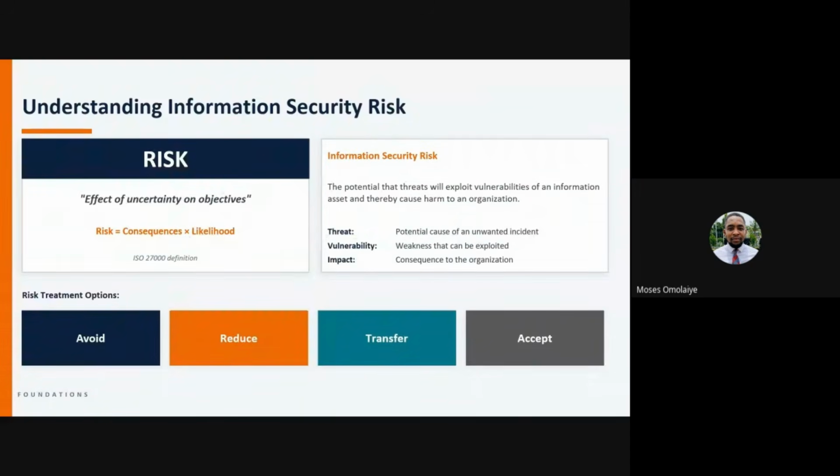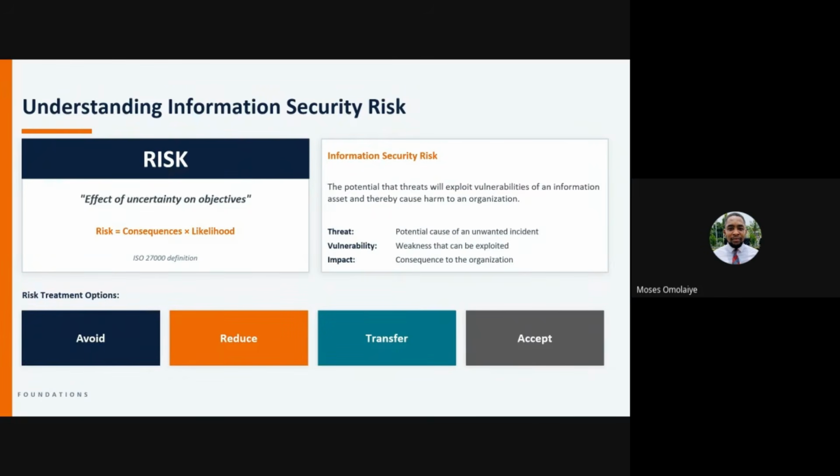Then we have the risk treatment options. So where there are risks, you can avoid risks, meaning that you can cut off that process that brings up that risk totally, or you can reduce the risk, put mitigants, like mitigate the risk to the barest minimum. Because I tell people risk is like poverty. It cannot be eradicated, but it can be reduced.